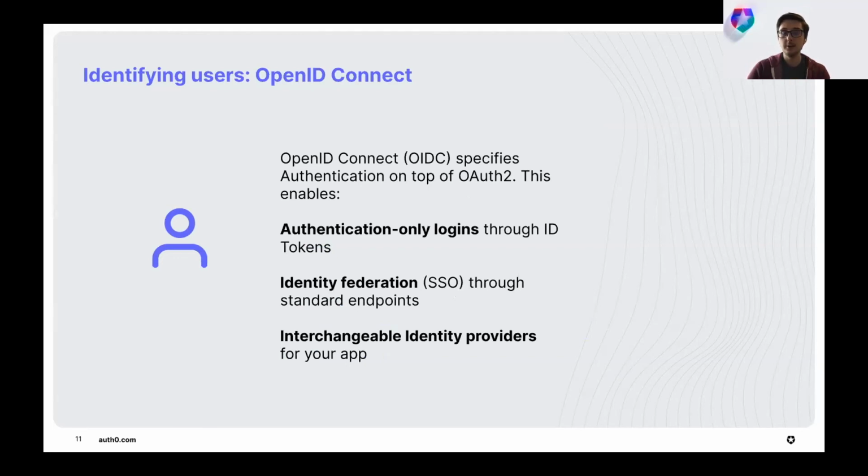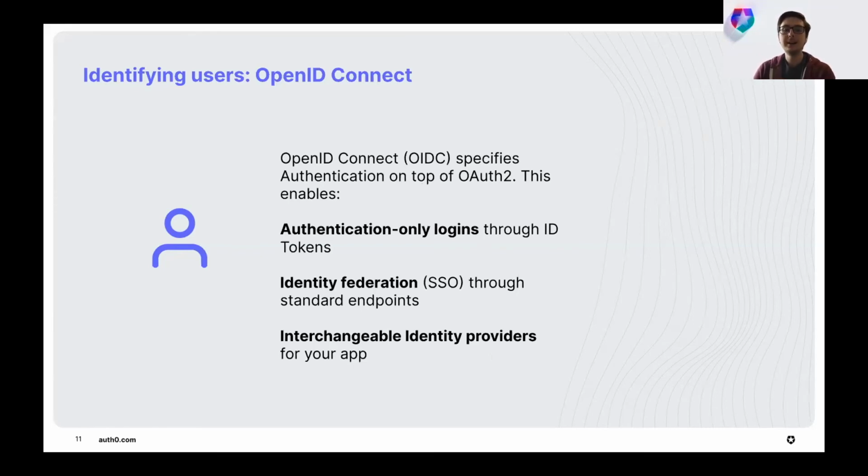Because with authorization alone, we would have to integrate every Facebook, GitHub, and Google of this world on our own with our own proprietary endpoints, and we wouldn't really know how to approach all of this. With OpenID Connect, we now can do authentication-only logins. So it isn't always about getting an access token and then asking the server in the back who my user actually is. We can get info about the user just throughout the login step, which makes our application more scalable, because we don't have to look up who that user is in each and every single step.